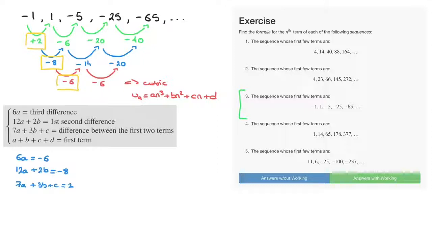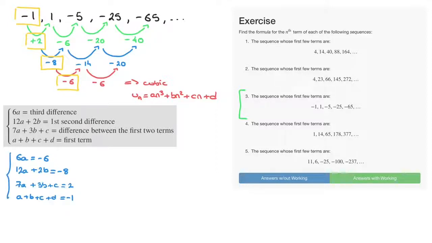We move on to the fourth equation, which is a plus b plus c plus d equals the first term. And in this case, the first term is equal to -1. So our fourth equation is a plus b plus c plus d equals -1.